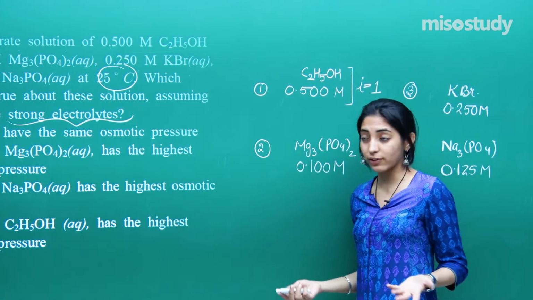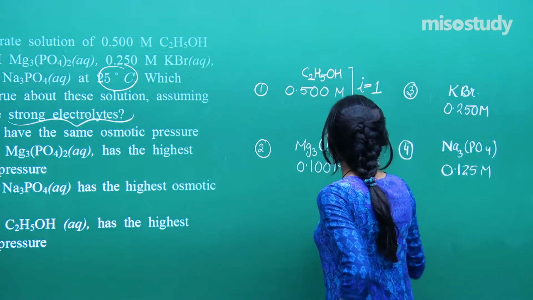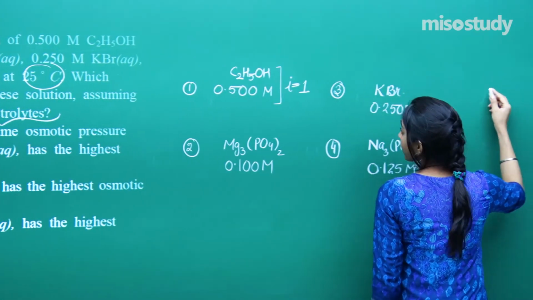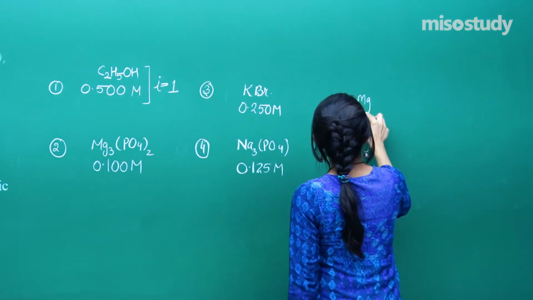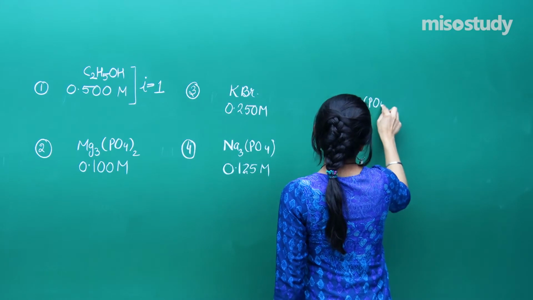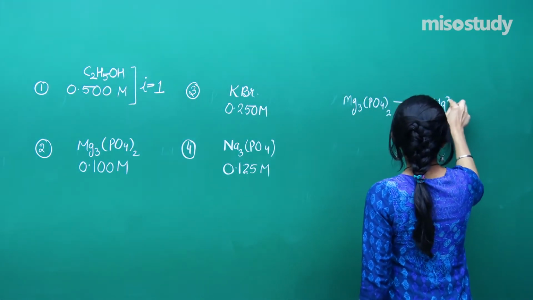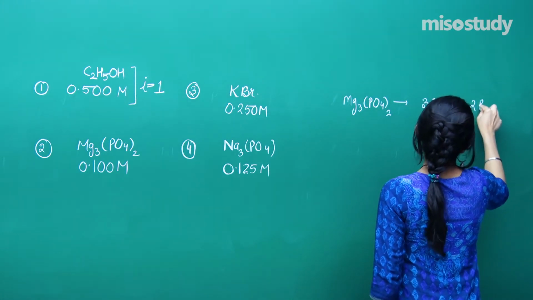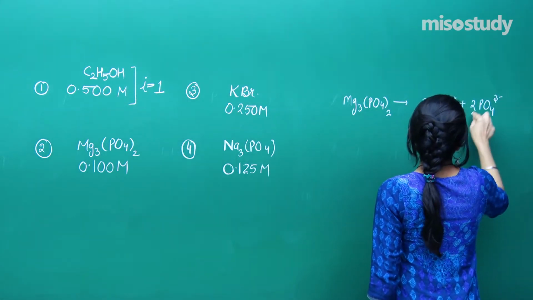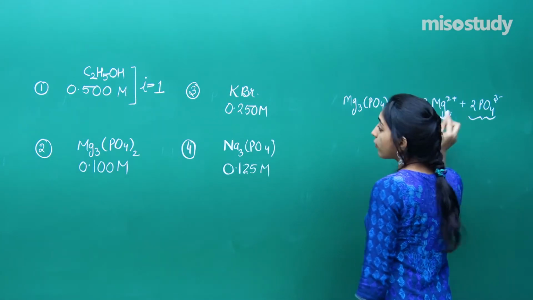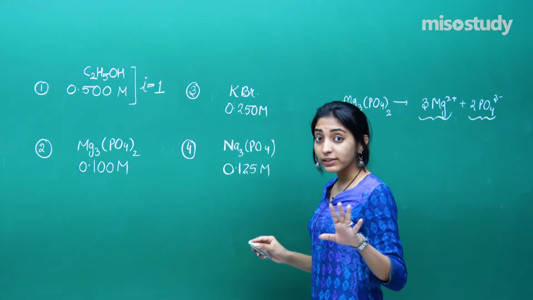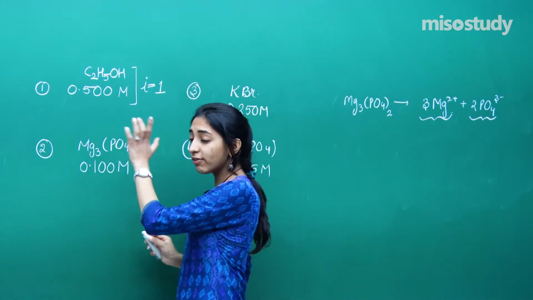Moving on to Mg3(PO4)2, it will form 3Mg2+ and 2PO4 3-, making it a total of 2 plus 3, 5 ions. So the van't Hoff factor is 5.